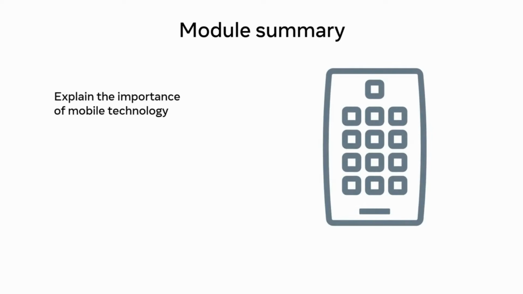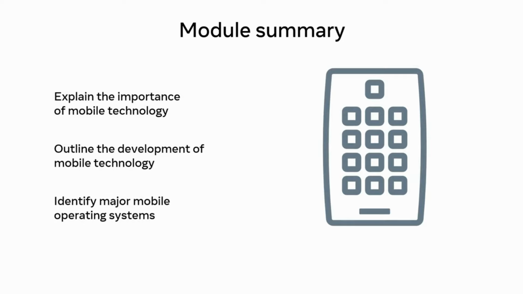Having completed this lesson, you can now explain the importance of mobile technology to everyday life, outline the development of mobile technology over the last few decades, and identify major mobile operating systems like Android and iOS. As part of your journey to become a mobile developer, you also explored mobile operating systems like iOS and Android.